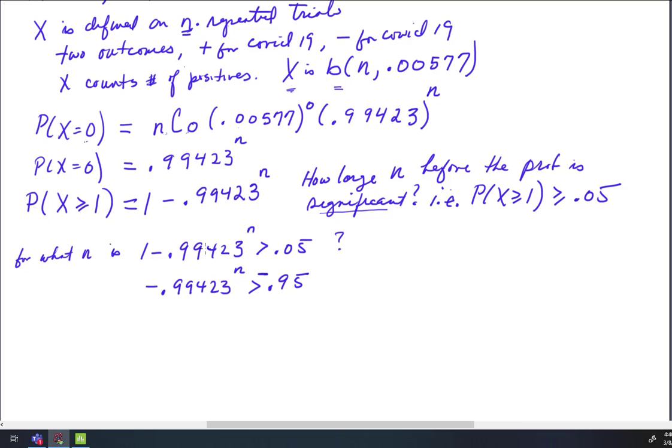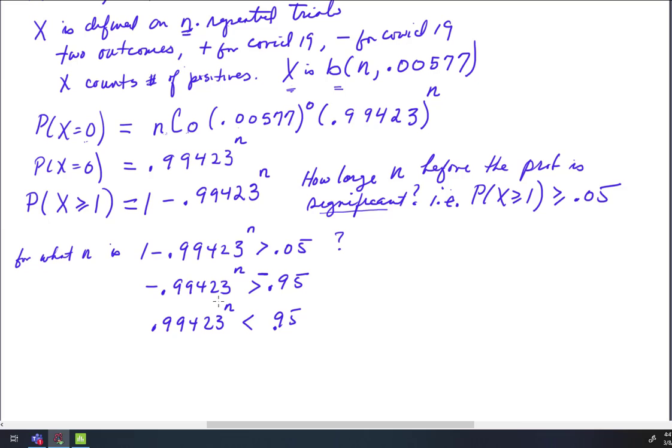Now, probably the next thing that we'd want to do would be to make this positive on both sides. So I'm going to multiply left and right by -1. And when I do that, I get 0.99423 to the n over here, and I get 0.95 on the right-hand side. But when I multiply by a negative value, I've got to reverse the inequality. So it looks like that.